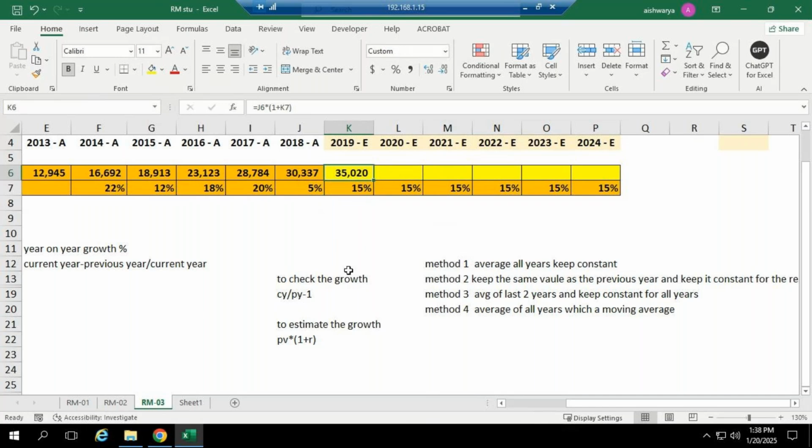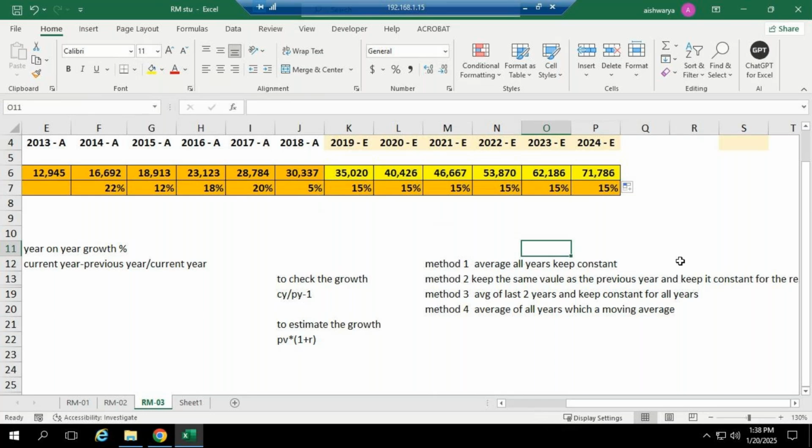This is a bit tricky, so you have to sit and calculate this. So now again you have to drag it over here. That's all. This is the first method of calculating the estimated sales for all the 5 years.